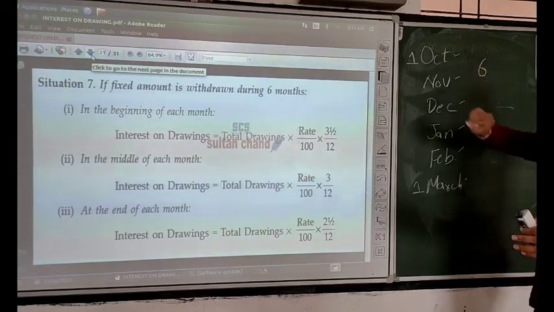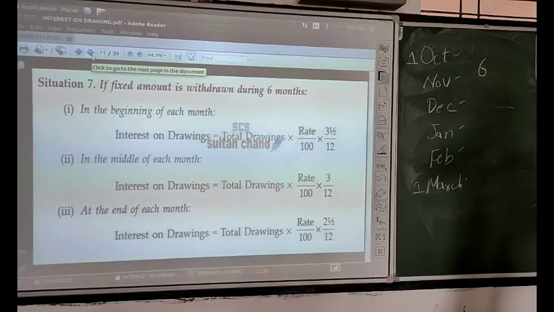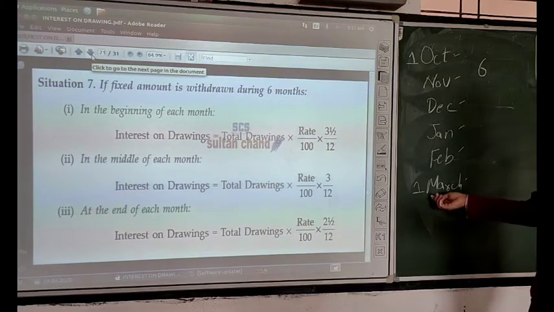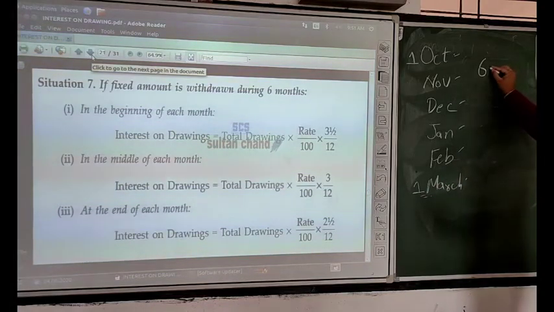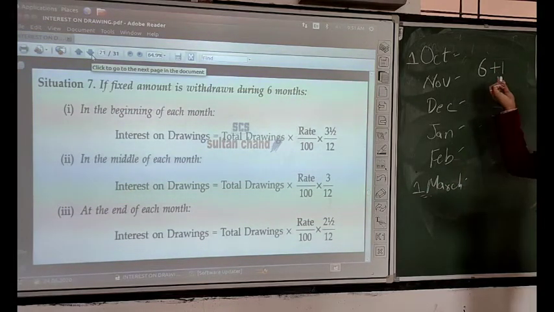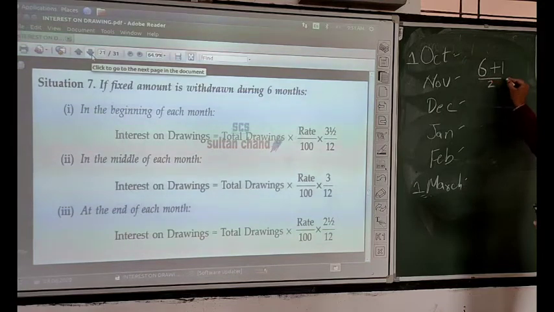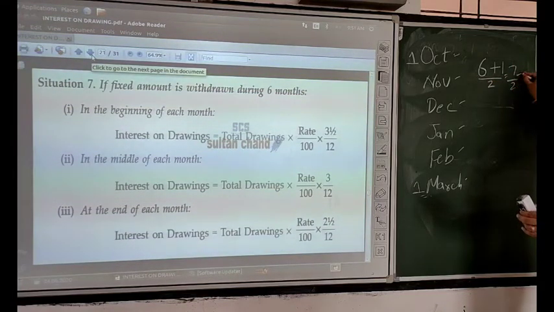How many months are there? 6 months. Okay, and when is the last drawing? Last drawing is on 1st of March. After last drawing, how many months will be remaining? Only 1. So 6 plus 1 divided by 2, 7 divided by 2, 3.5 months.